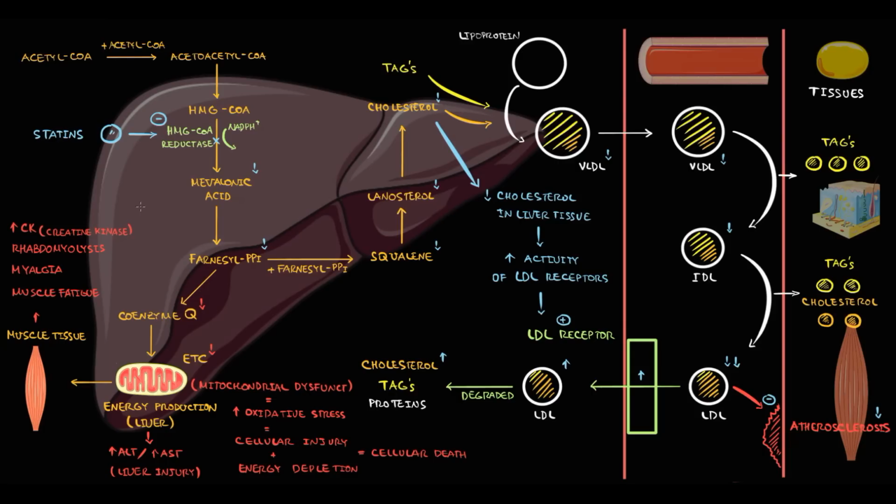So, the reason why liver and muscle tissues are the primary targets is their high metabolic activity, because statins cause mitochondrial dysfunction, and once mitochondria become injured, cell won't be able to produce energy, and the higher the metabolic activity, the higher the energy demand.